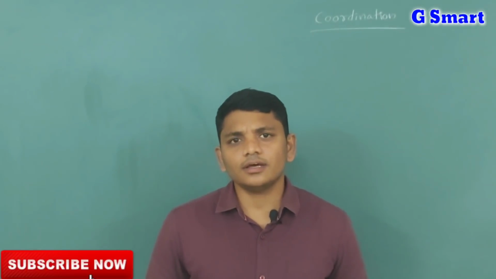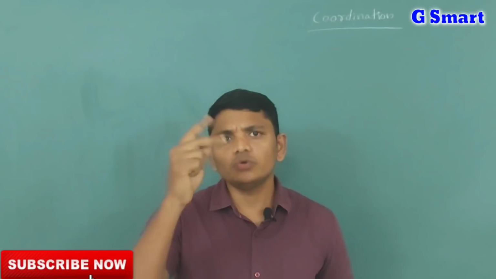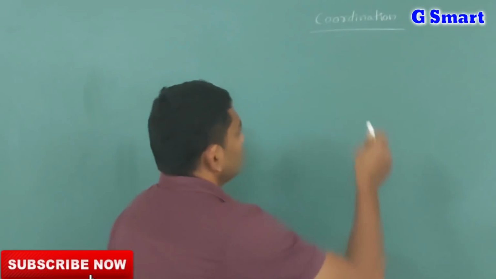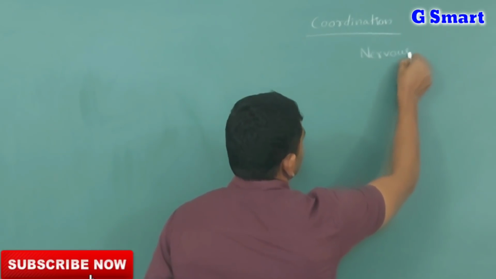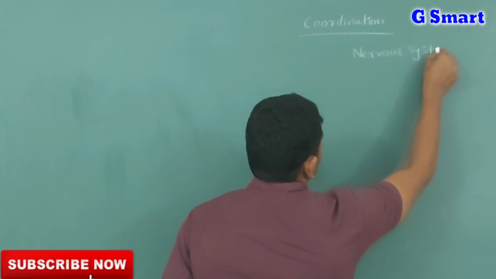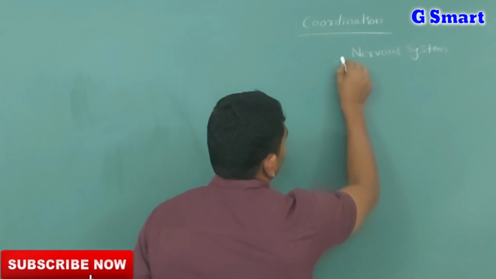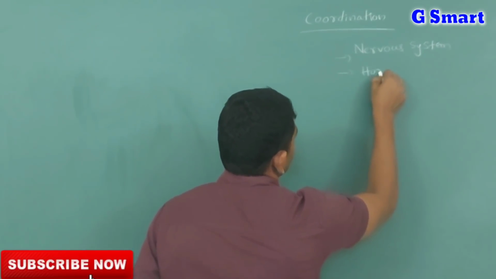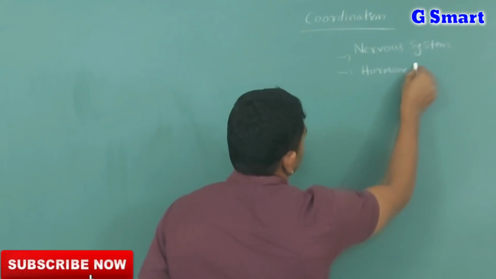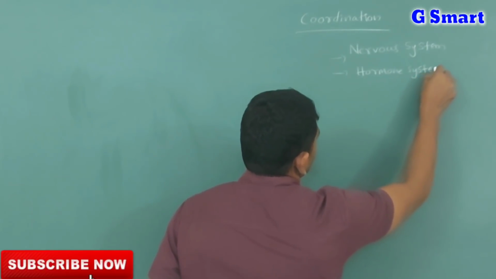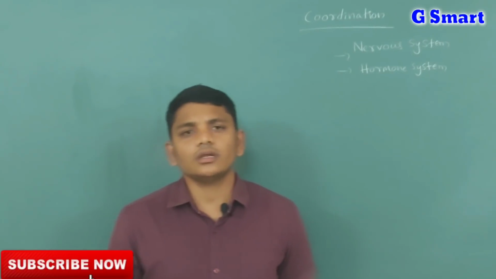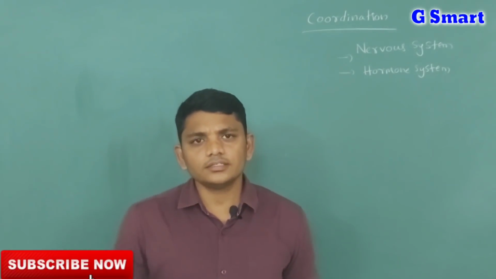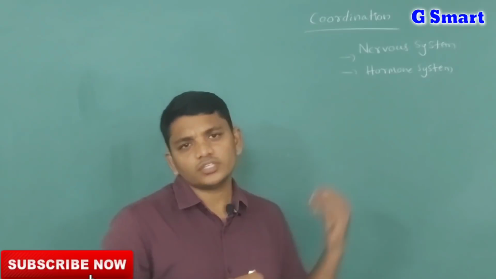Coordination depends mostly on two systems. They are, first one, nervous system, second one, hormone system. So coordination occurs in these two systems.